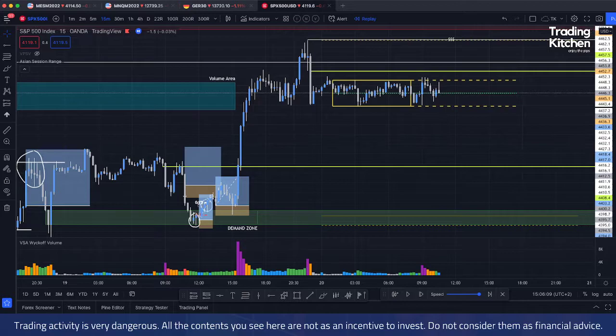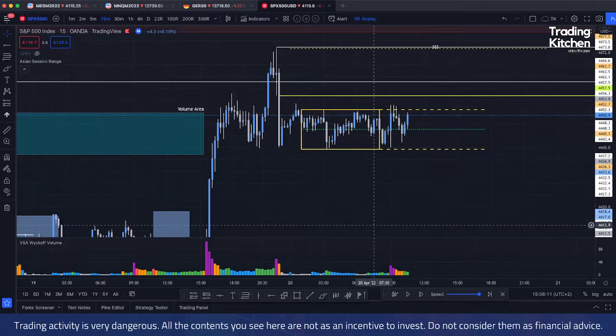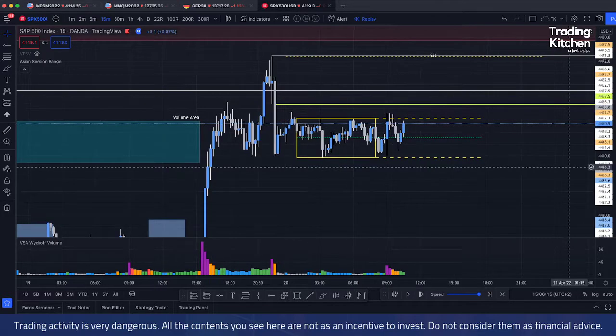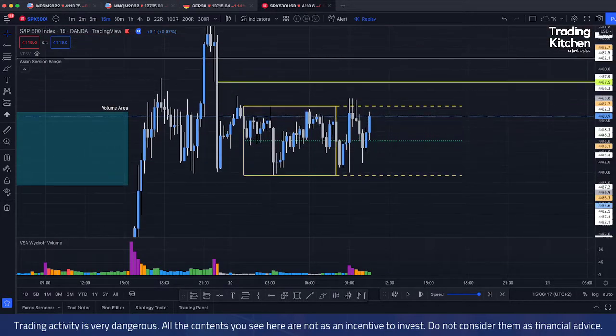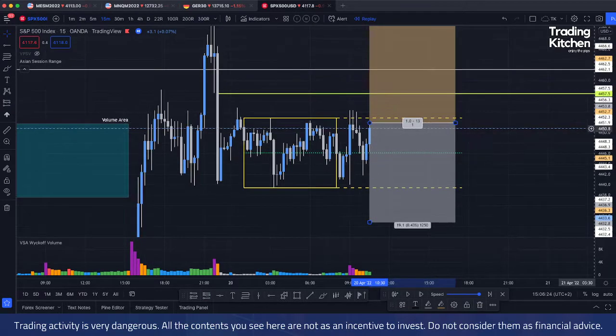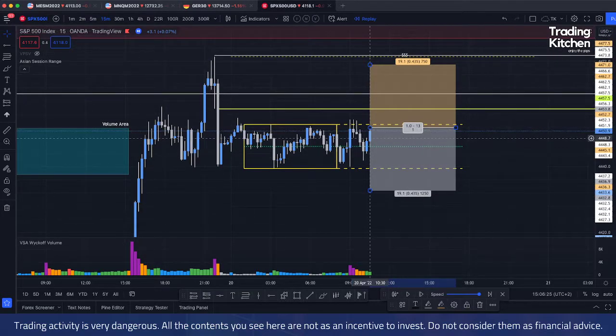Here we have an EDT pattern, but we are in a bullish momentum. You can go short here, but I prefer using alpha size, to be honest, because I was a little bit scared about this inefficiency and this liquidity zone right above here.